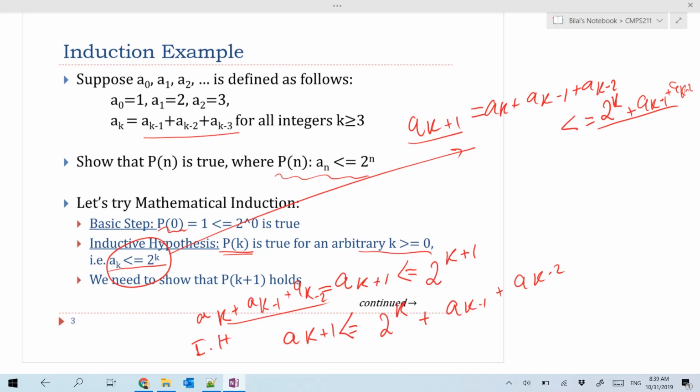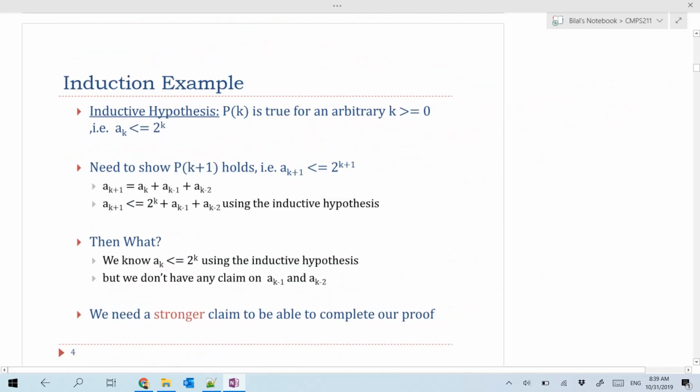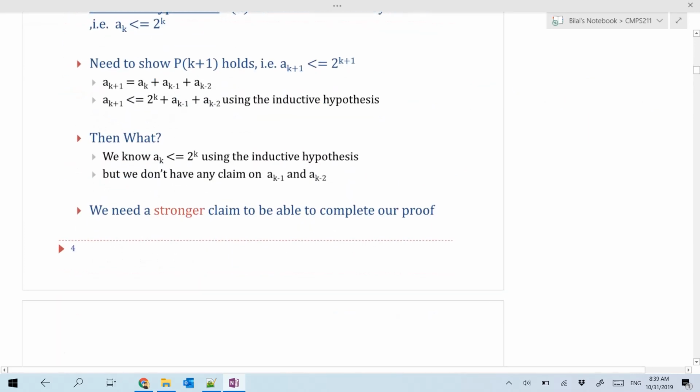So here comes the need for strong induction. Strong induction is quite similar to mathematical induction, except that we assume the property not only for k, but actually for all integers up to k, and we check whether in this case it's true for k plus 1.